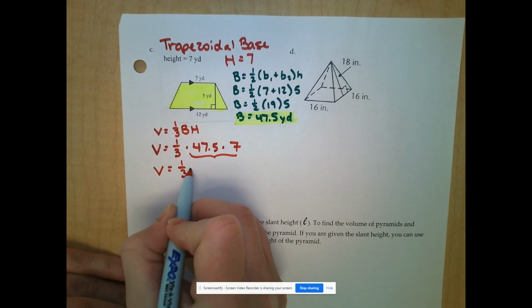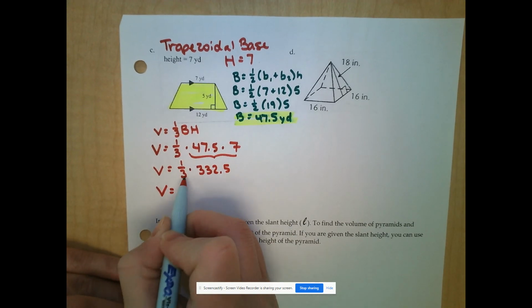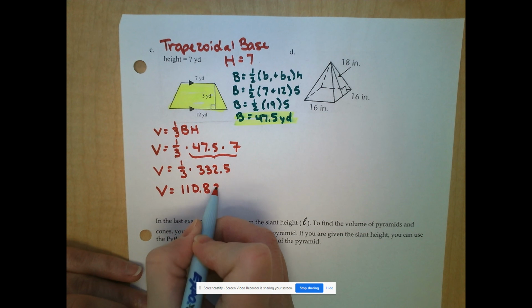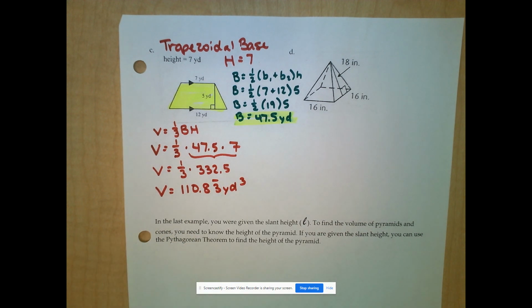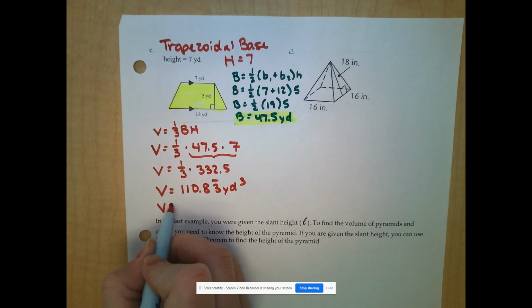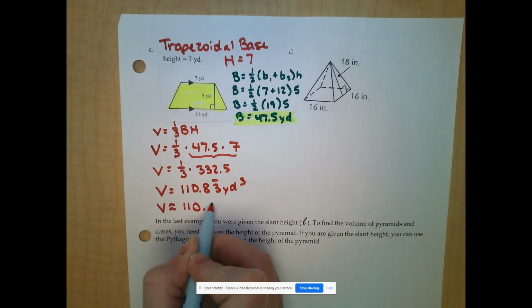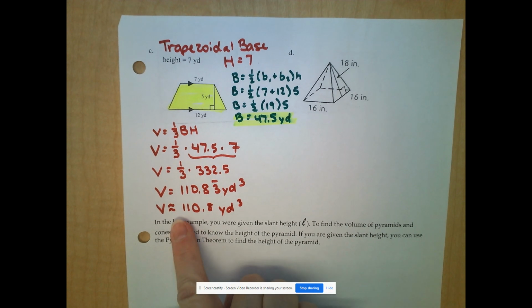So 1/3 times 332.5, and taking 1/3 or dividing by 3. And because you're dividing by 3, it's not always going to be convenient. You might find in this case it's 0.83 repeating, so you might go with the volume is approximately 110.8 yards cubed and round it off. And you'll notice because I rounded, I switched to approximately.